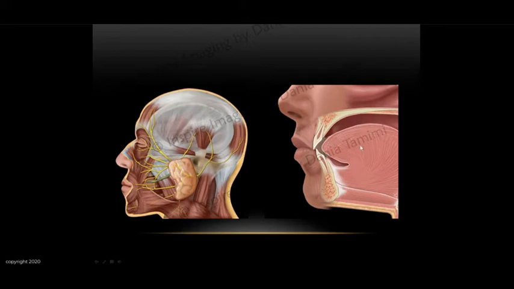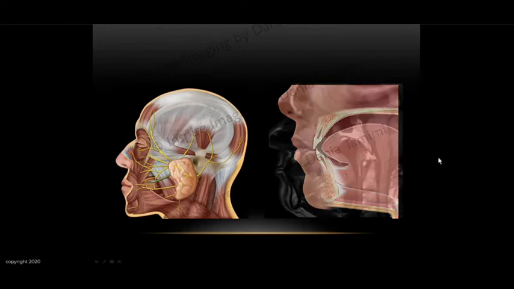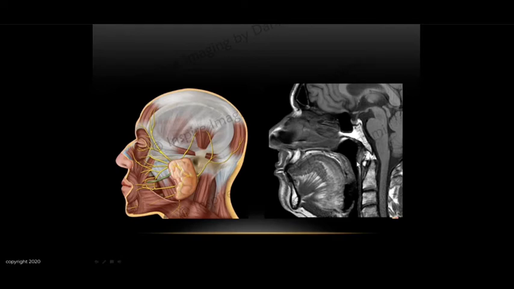So if we lose the tongue because it was displaced backwards, then what's going to end up happening is the orbicularis oris muscle and some of the other muscles of facial expression are going to push the alveolar process and the teeth backwards, decreasing the anterior-posterior dimension of the maxilla.